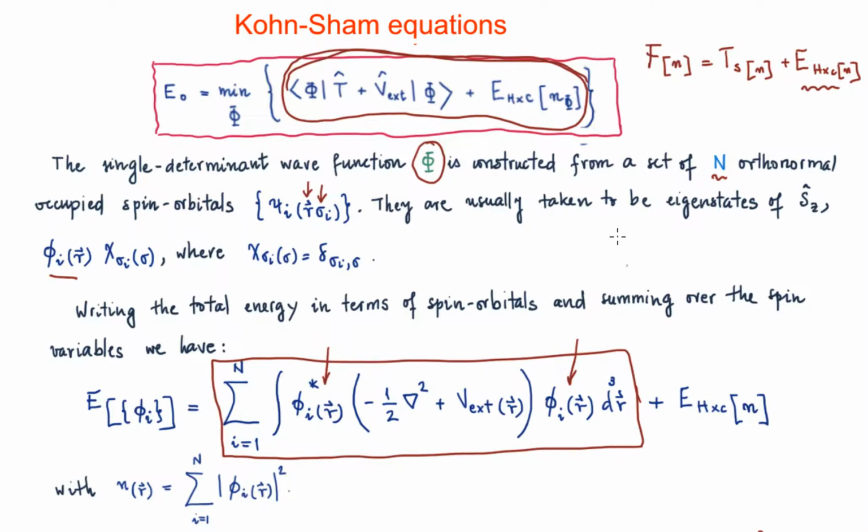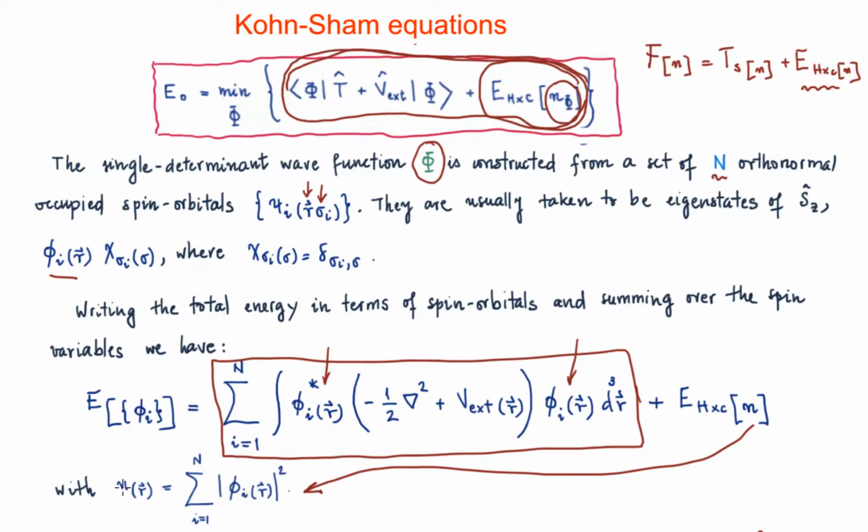And besides that, we also have another component here, which is the Hartree exchange and correlation functional, which depends on the density. And this density at the same time, of course, depends on the Slater determinant we are using. And this density here we can write in terms of these spatial wave functions we are using to describe the one electron wave function.